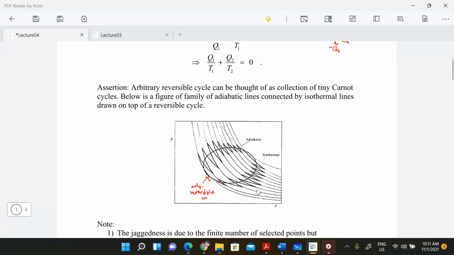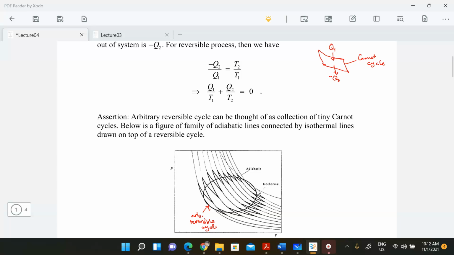But you can think of this arbitrary reversible cycle being made up of smaller Carnot cycles. So one can draw all these families of lines for adiabatic curves. Okay, the one above here is essentially an adiabatic curve.